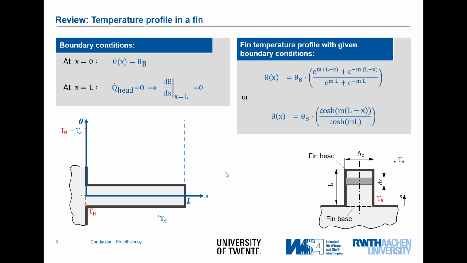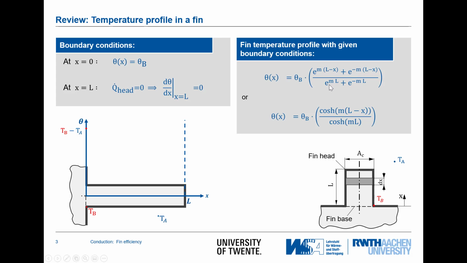This leads to the temperature profile inside a fin. So this newly defined temperature theta is equal to theta bottom, the temperature difference between the ambient and the bottom, times this function of exponential functions.